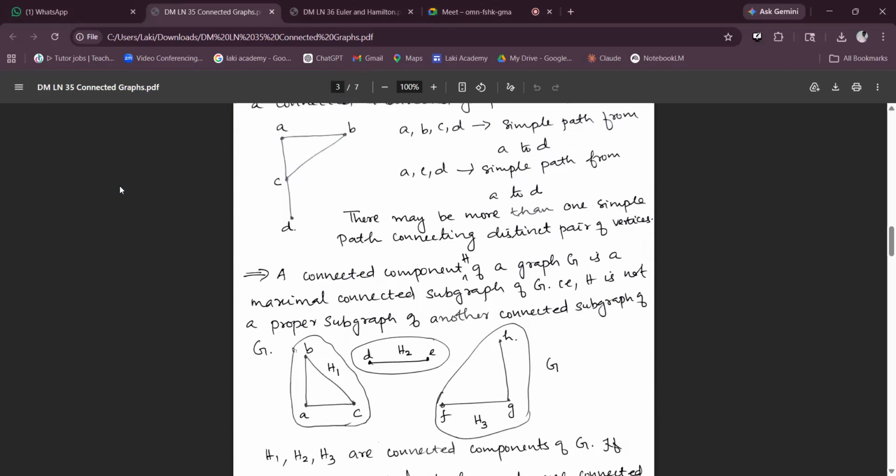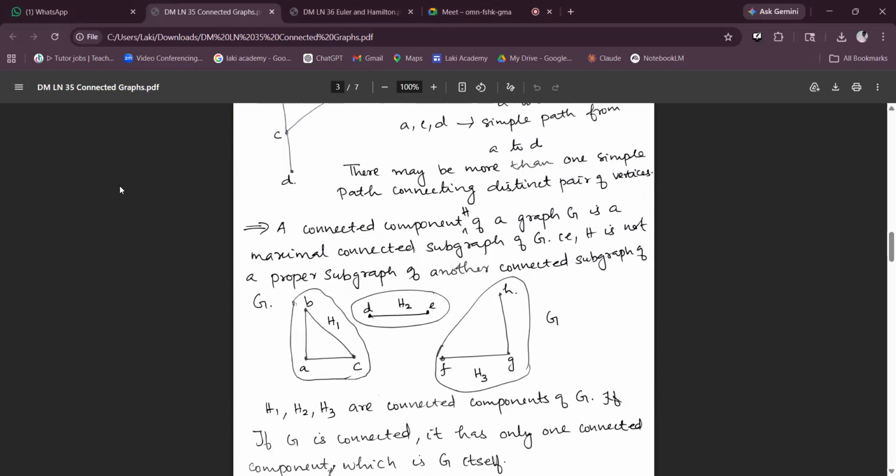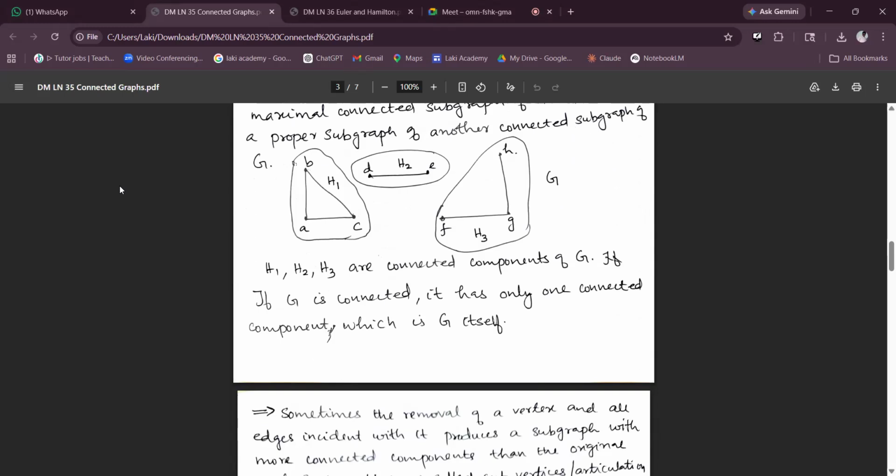Now see this. How many different graphs are there? Three: H1, H2, and H3. Three different graphs mean three components. The number of such graphs is called the number of components. So how many components are there?